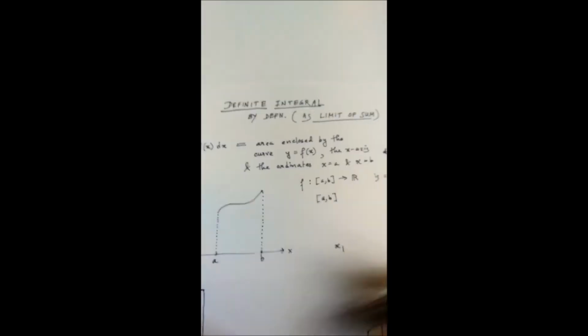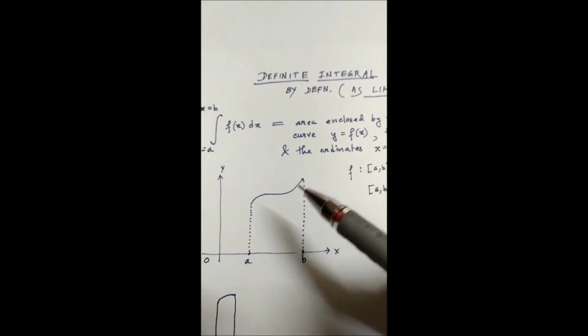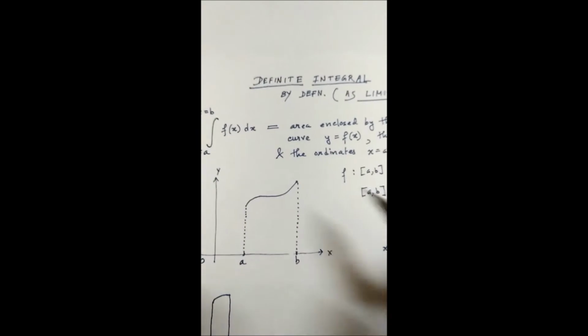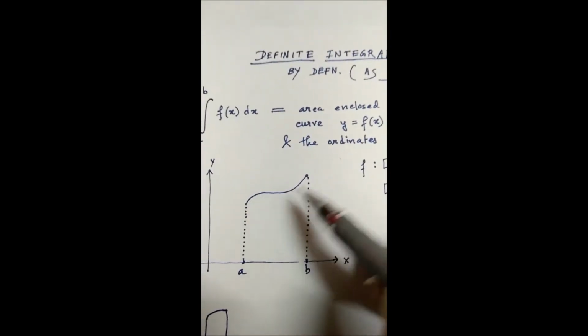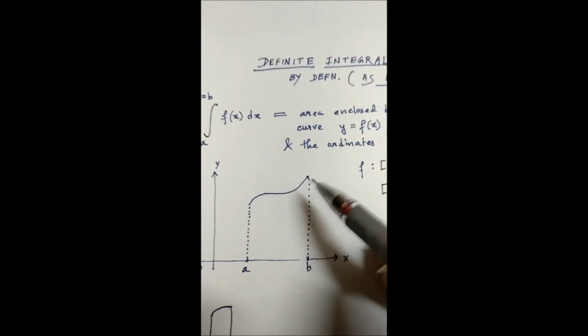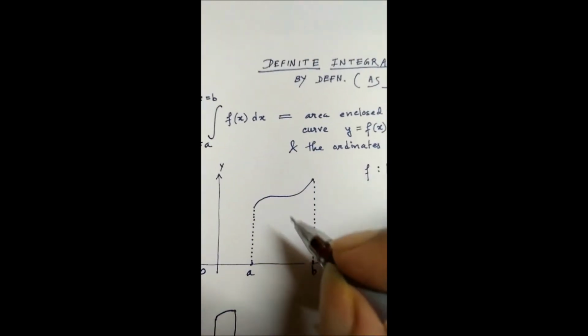So basically, just to illustrate, we have taken a function. To be specific, for this type of definition, the function needs to be continuous. That is to say, you should be able to draw the curve without lifting your pen. This is just an example.